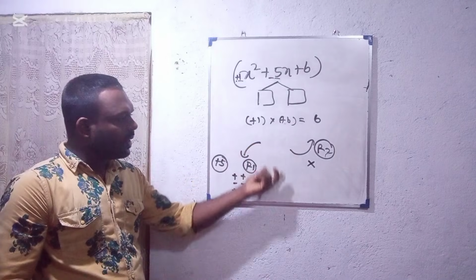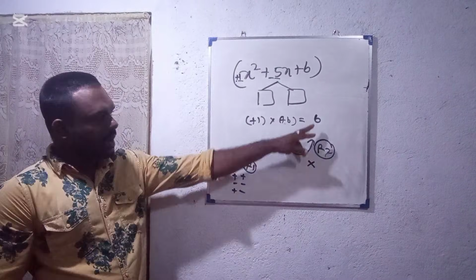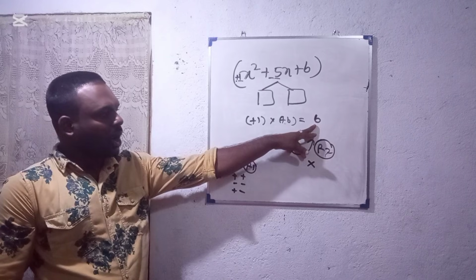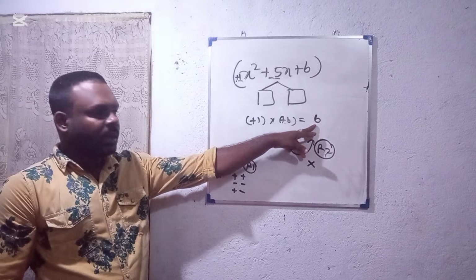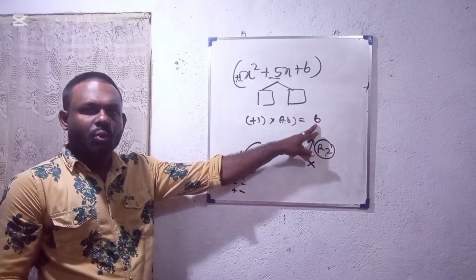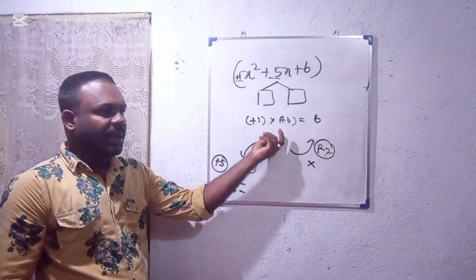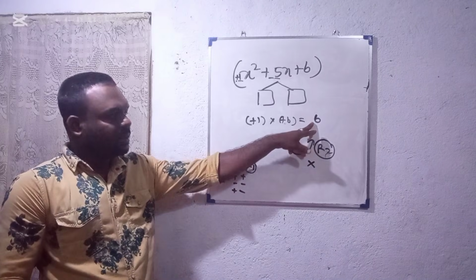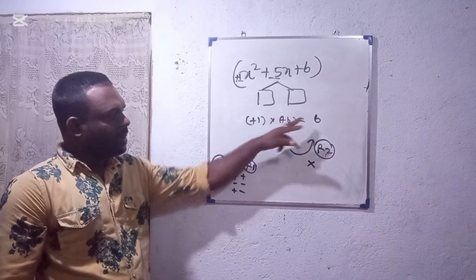Write the factors of this plus 6. Here you must remember, although this may be a minus or negative number, you have to write the factors of the positive number. That means if it is plus 6, somehow it becomes minus.